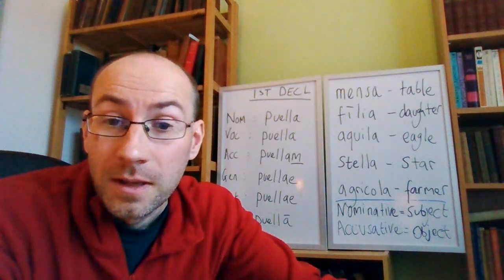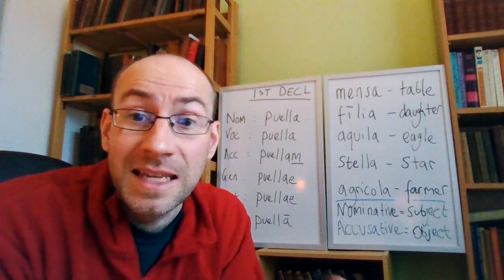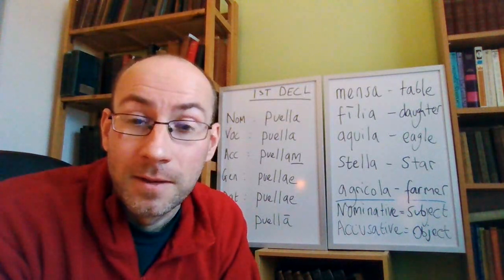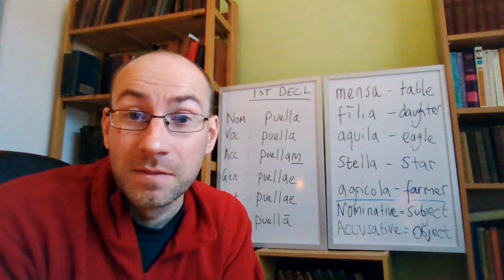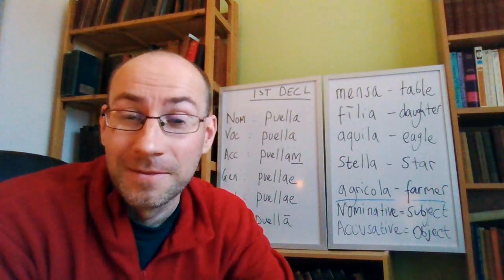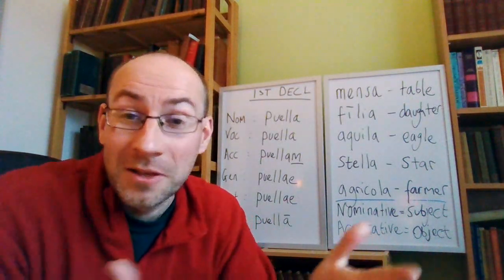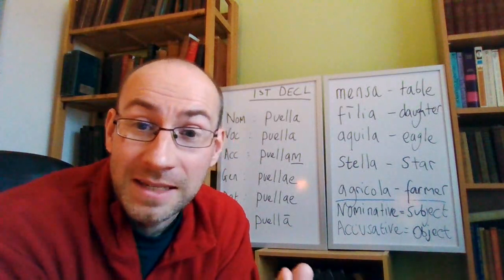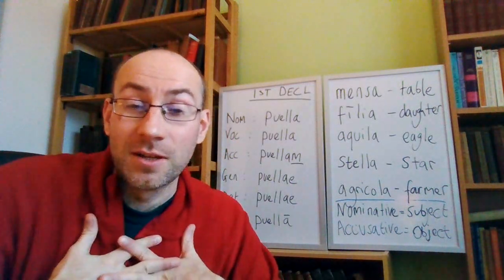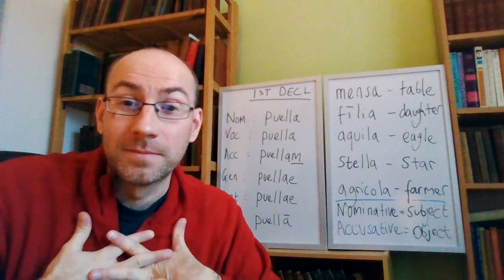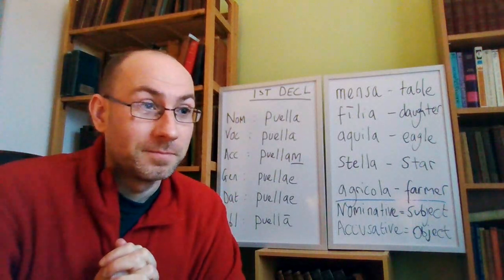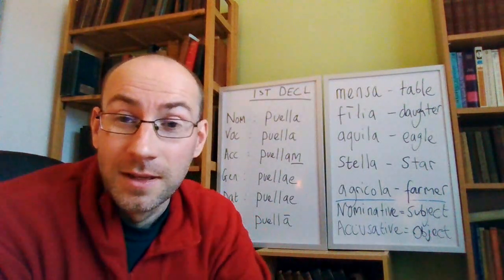The girl. Whenever you have the verb to be, is, am, are, that's always nominative. The person is just being. There's no one or anything else doing the action. It's just nominative, basic. I am a teacher. Nominative. He is a doctor. Nominative.